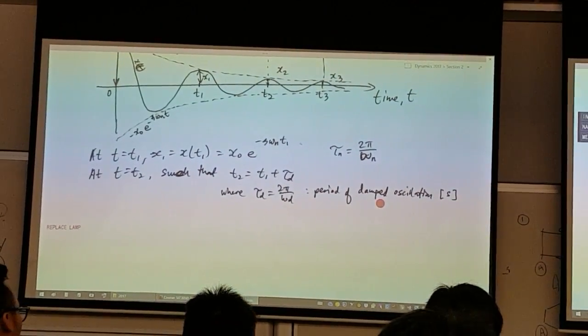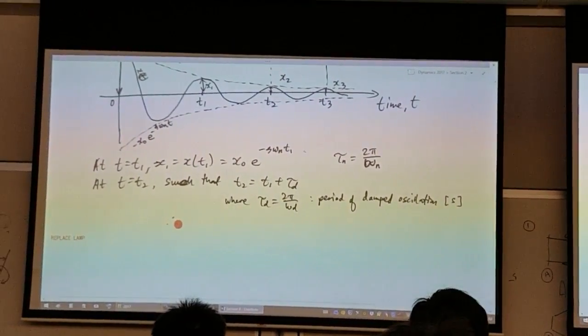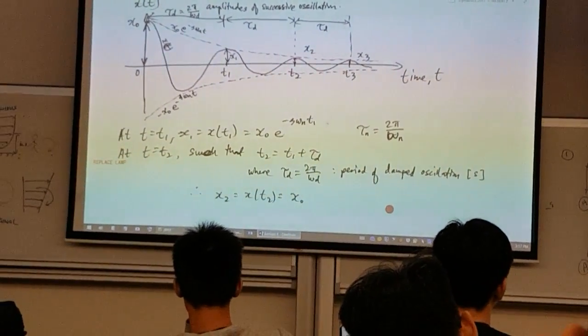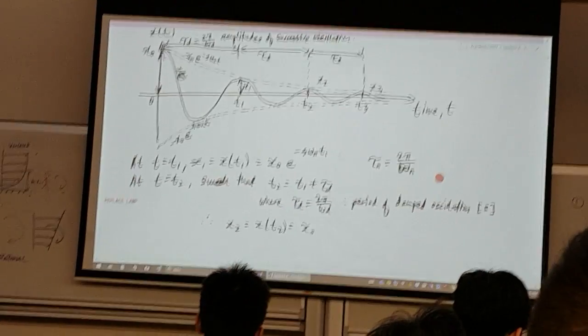I'm still after finding out what my zeta is. So after I have that, x2 will be equal to x at t2. And x at t2 is substituting again into my underdamped equation.